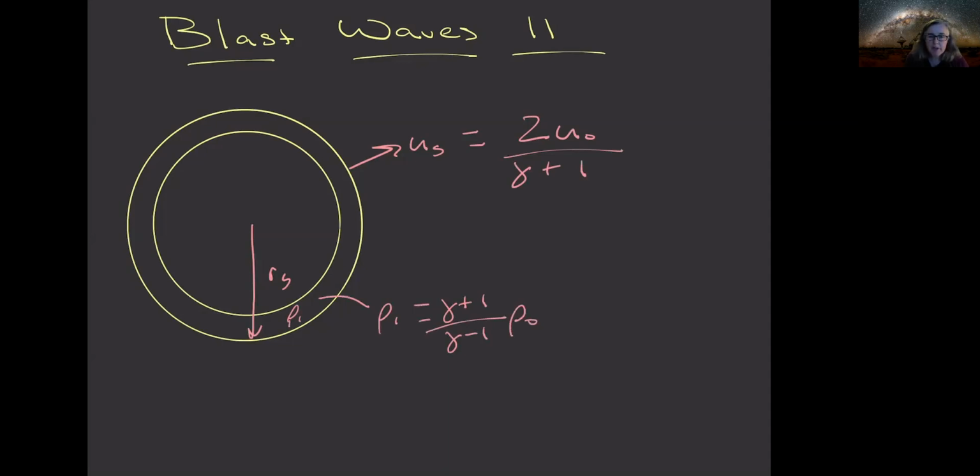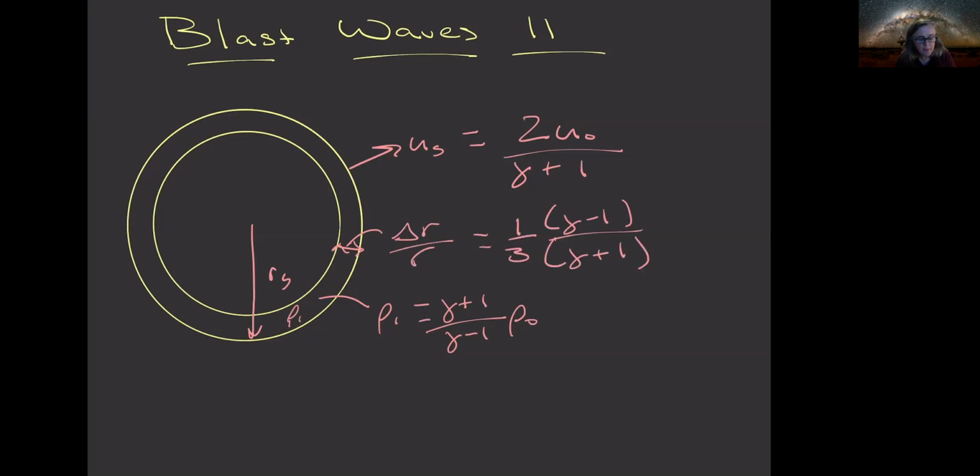And we've related the thickness of the shell, delta r, so delta r over r is given by 1/3 times gamma minus 1 over gamma plus 1. So that's just to remind us of a few things that we might need to know.